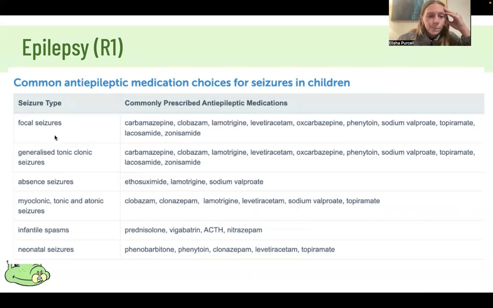And obviously the big ones are carbamazepine, lamotrigine, levetiracetam, they come up quite a bit. Phenytoin, sodium valproate. A lot of them do come up. Absence seizures, this one's unique, ethosuximide. So don't remember the whole list, but it does help to be familiar.